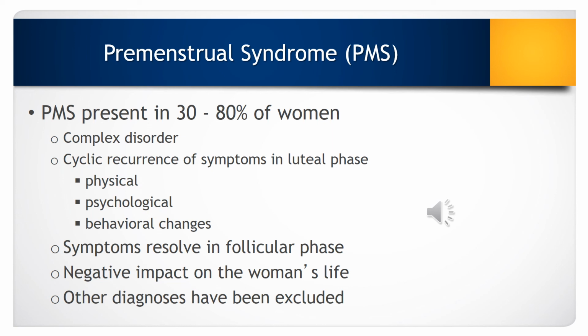And so you would have the woman start on the first day of her menses, which is when the cycle begins, and then note on what days and what symptoms she's having issues, and then note when those symptoms resolve. And so if you see a pattern, usually over 3 cycles, that will help direct the provider in the direction of PMS.